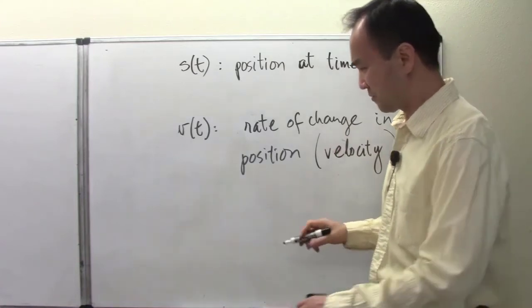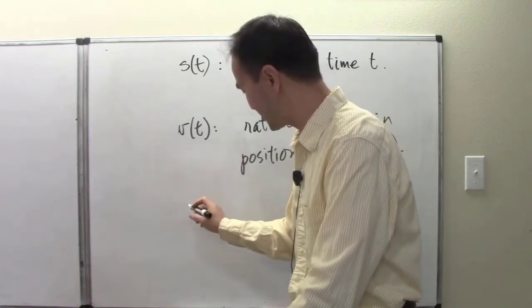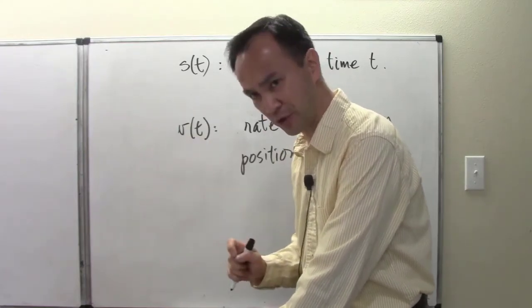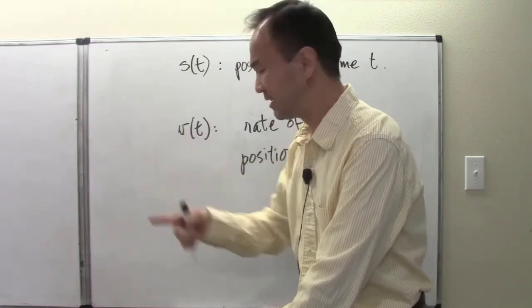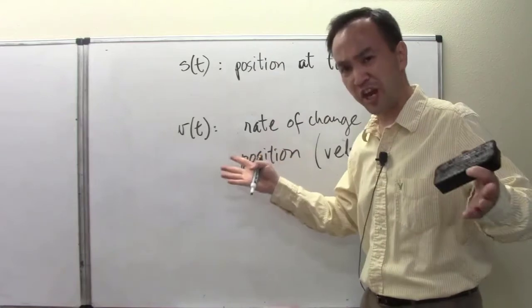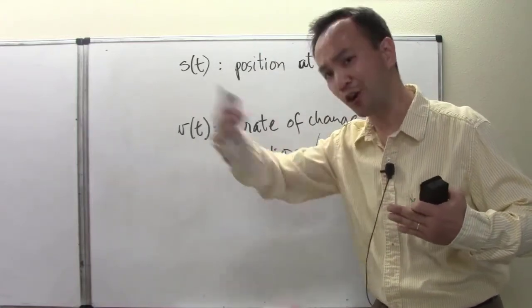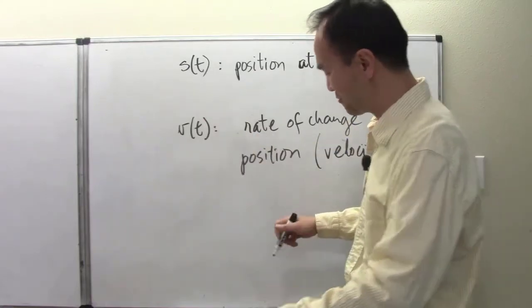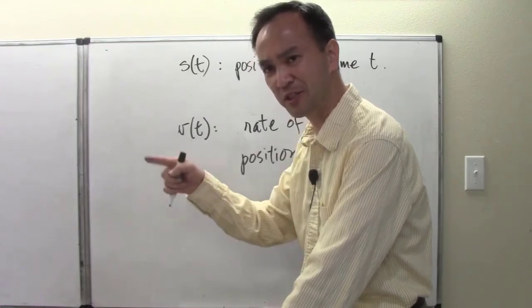But now there's something unclear that I want to clarify right here, and again, your physics professors will make it clear. A lot of the time in our daily language, rate of change in position is usually understood as how fast the car is moving, how fast we are walking. So usually we communicate with people using the term speed.